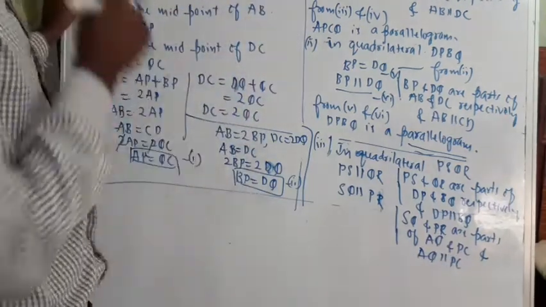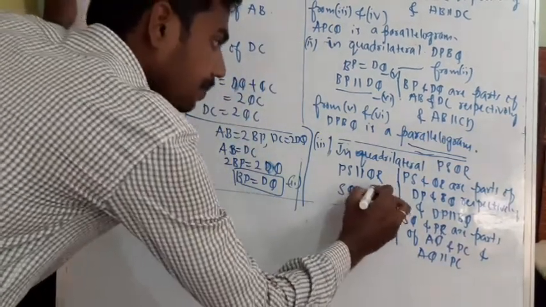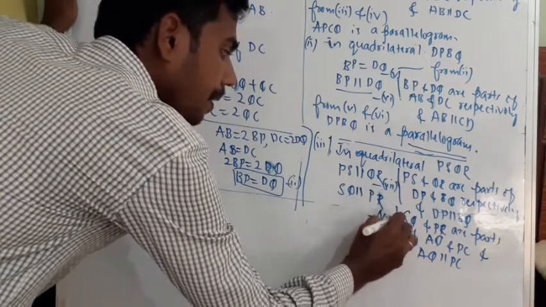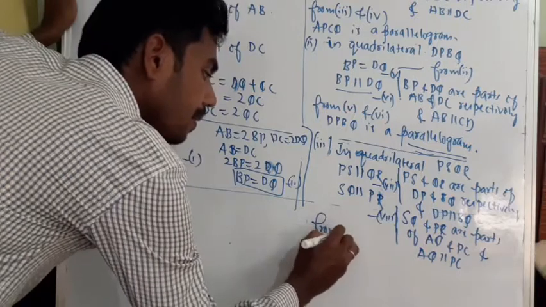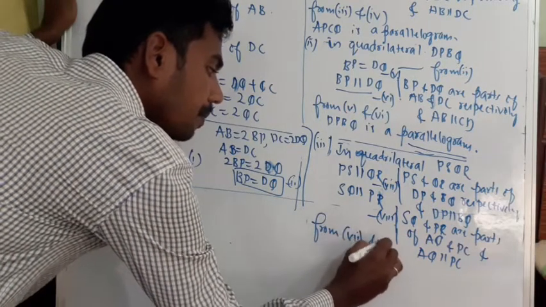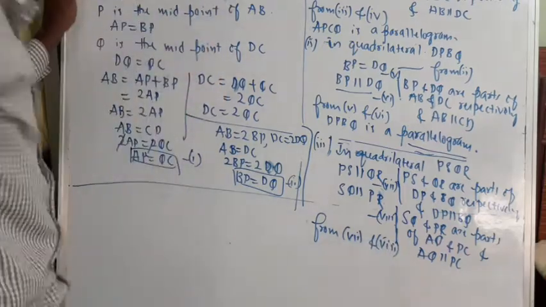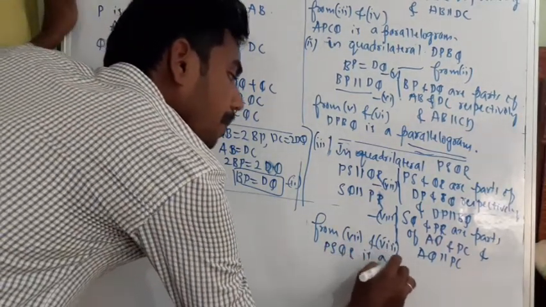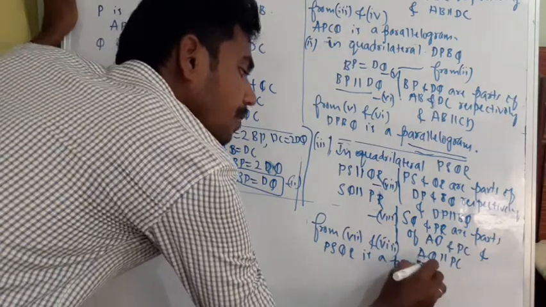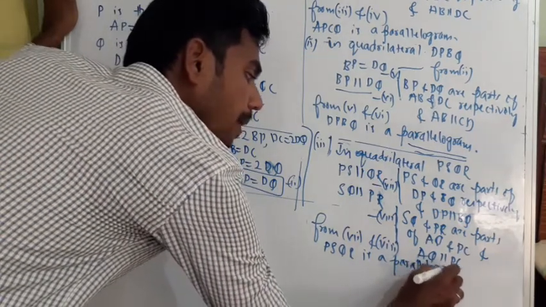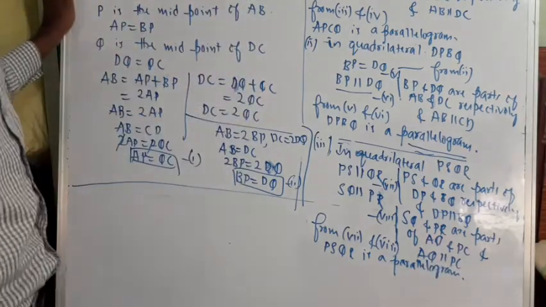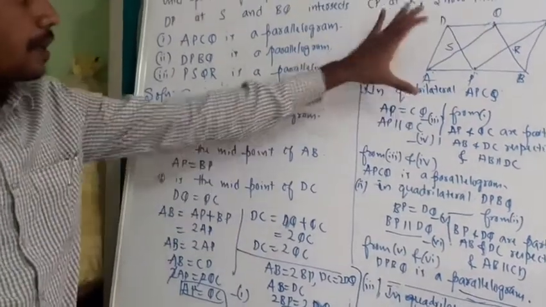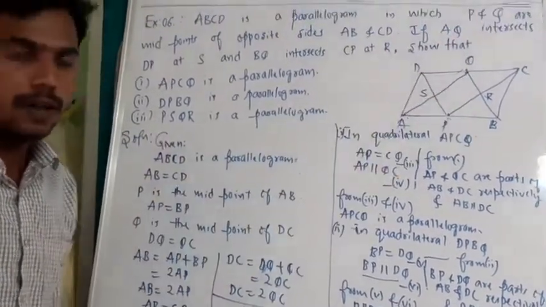What can I write? From 7 and 8, PSQR is a parallelogram. Why? Because both pairs of opposite sides of the quadrilateral are parallel to each other. Then we can conclude that particular quadrilateral as a parallelogram. Please note this down.